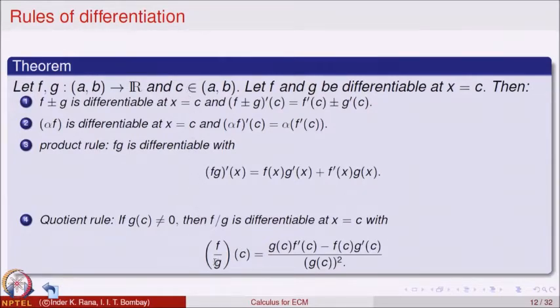So, basically for computation purposes, if g(c) is not equal to 0, then f over g is also differentiable at the point c, and the derivative is given by this quotient formula. The way to remember it is that g is in the denominator, so g(c) square, and g(c) multiplied by f' in the numerator minus f(c) into g'(c).